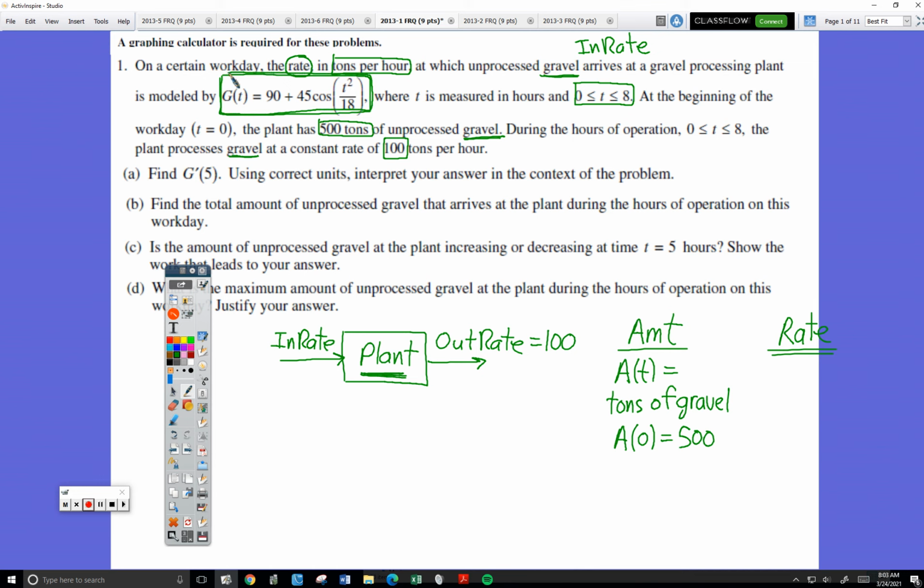So our A prime, the rate at which A changes, will be the in rate subtract the out rate. Which means our A prime is the G of T subtract 100.